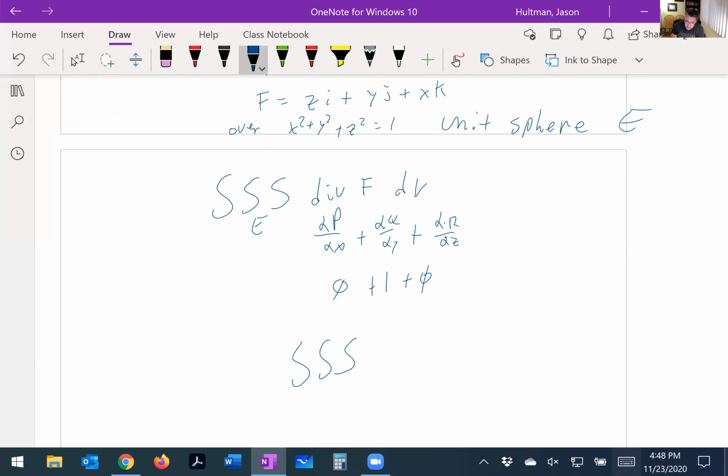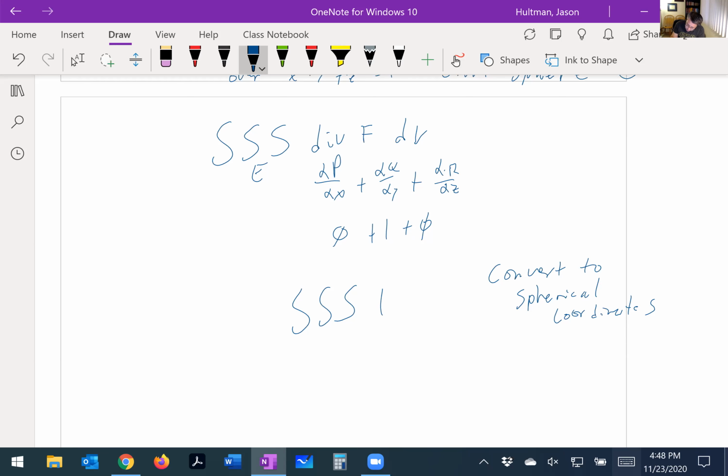Well, this is just going to be 1, right? And then I want to convert to spherical coordinates.